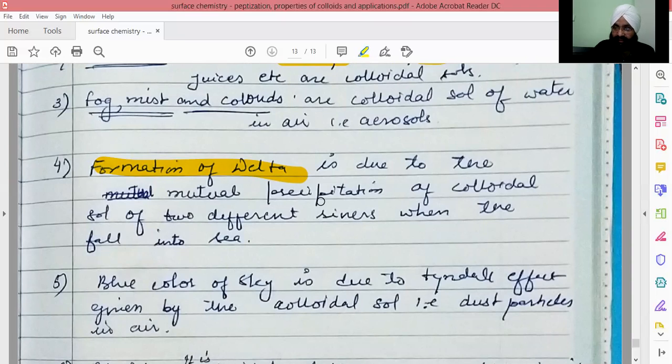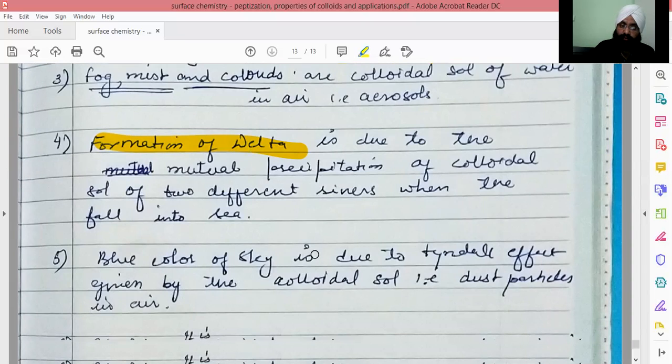River water is considered a colloidal solution, and if two rivers combine with each other, they mutually precipitate their colloidal solutions, and this precipitation results in the formation of a delta.